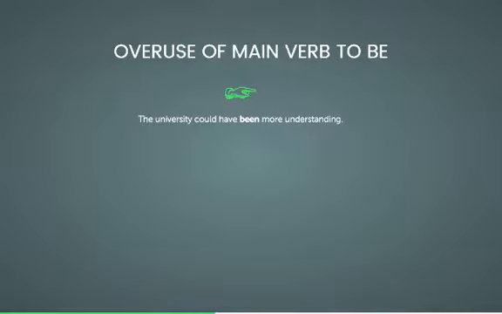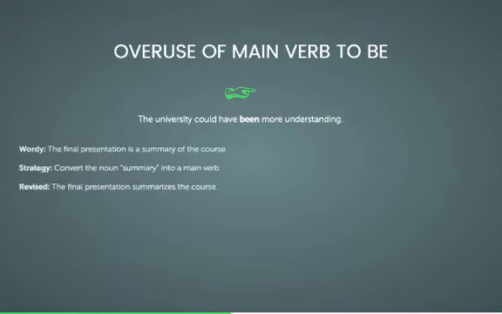Sentences can have multiple verbs, but those multiple verbs are considered auxiliary verbs to the main verb. Here's a sentence: the university could have been more understanding. Could have are examples of auxiliary verbs, and been is the main verb, the rightmost verb in this particular sentence. So that's how you identify the main verb to be.